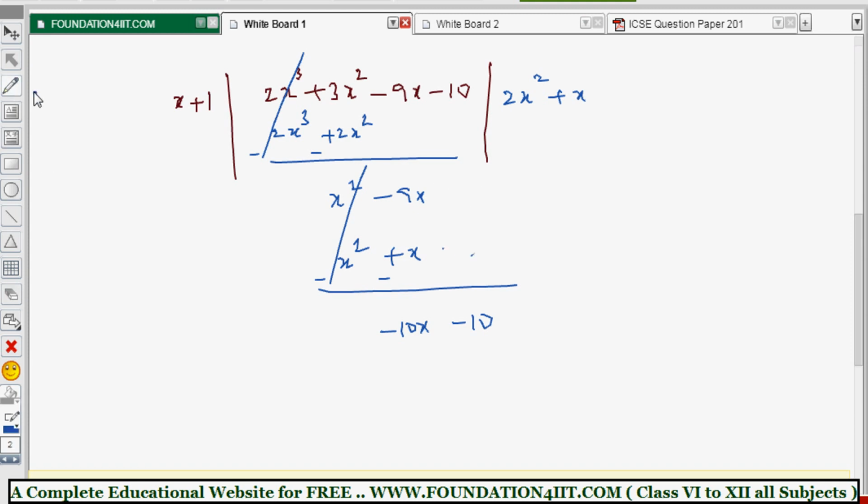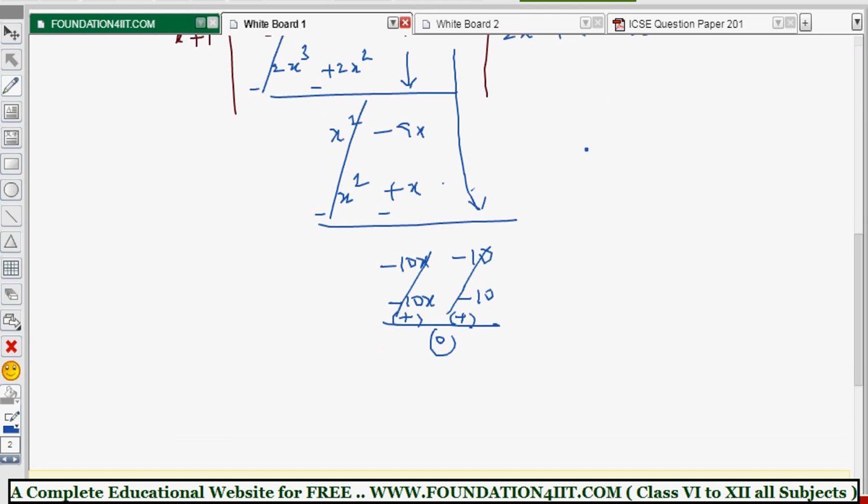Now again x and minus 10x: minus 10 into x is minus 10x, and this is minus 10. Change the sign, so it gets cancelled, that is 0. Once the remainder is 0, you take the quotient, 2x square plus x minus 10.